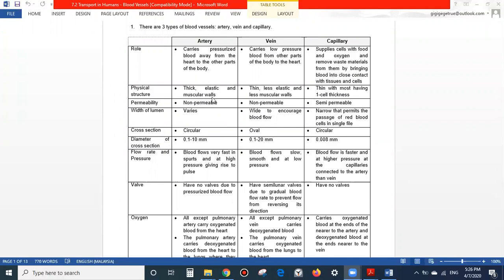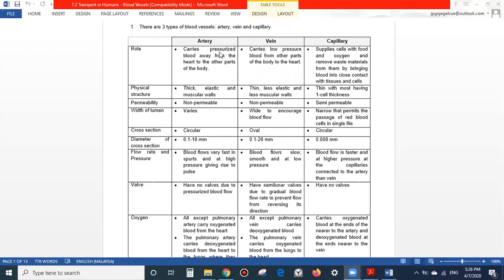Why does artery need to be thick and have a large amount of muscular wall? Because you need to carry pressurized blood. Pressurized blood has high blood pressure. That means it has high force passing through them. So if you are not thick, you end up bursting.